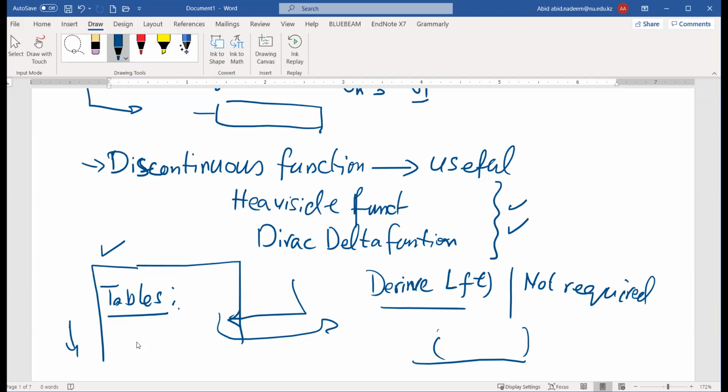But the table given in the first section of the book will be sufficient for our purposes. So this was the brief introduction of the Laplace transforms, which will be our next topic. I will shortly upload the lecture handouts for that transform, and then I will also try to record some videos about this function.